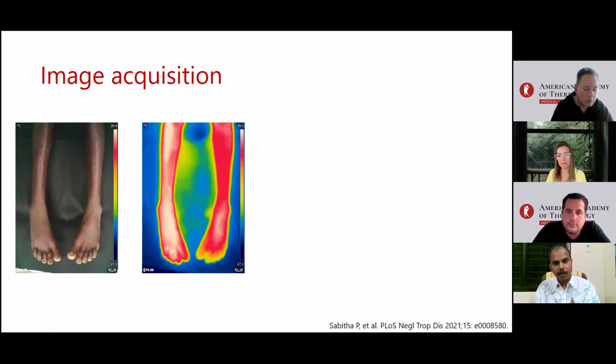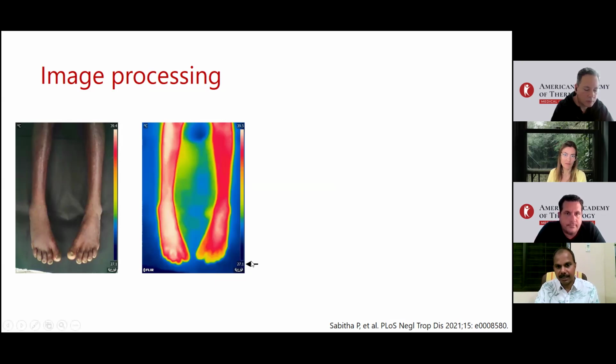So this is how a typical acquired, raw, unprocessed image looks. That makes it a bit challenging for people to interpret. So we imported these images into a desktop computer and used FLIR tools to process the image. Here it shows the temperature window.